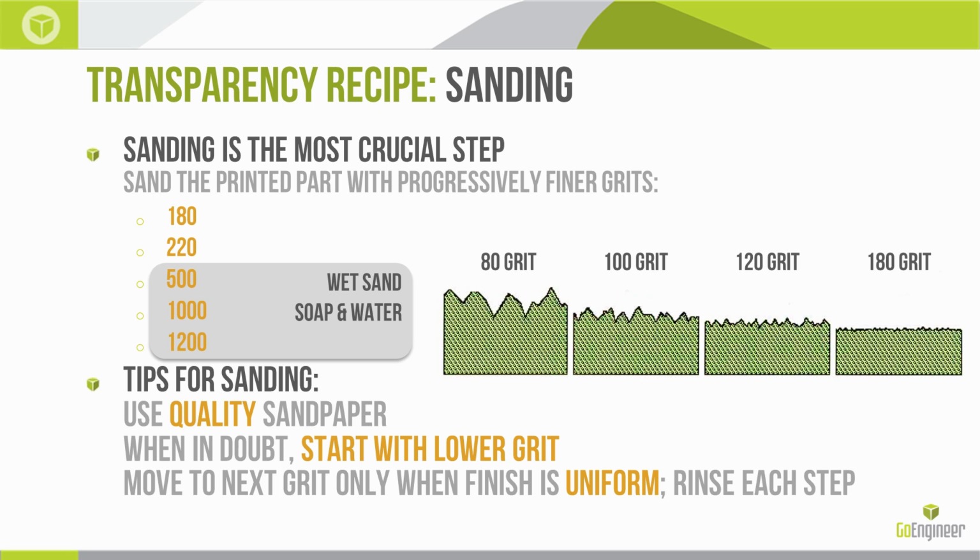And then also, like I mentioned, only move on to the next grit when your current grit finish is uniform. Also, rinse the part with water after each step. Otherwise, you're going to start to get buildup, especially when you're doing the wet sanding. And when you're doing wet sanding, the wetness comes from basically just a soapy water mixture. The soap is pretty important because it helps lift that grit off the part so you're not just scratching your part.